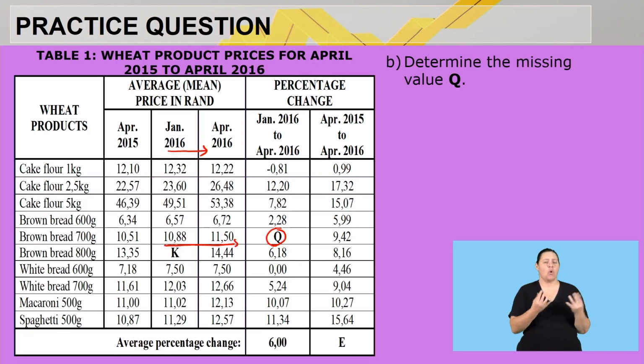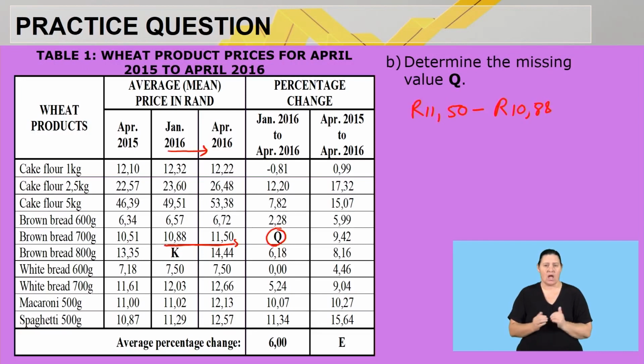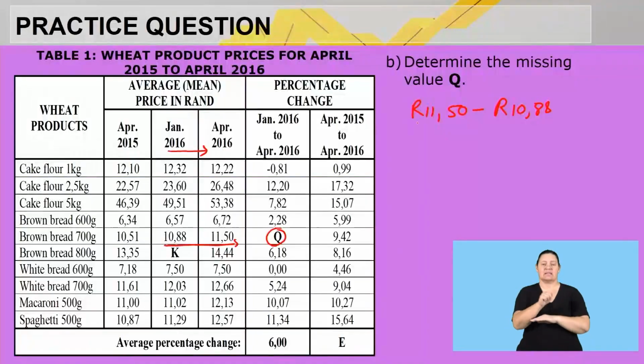So how do I calculate percentage change? Basically I take my 11 rand 50, the new price, minus my 10 rand 88 cents, so new price minus old price. First of all, I establish the difference, and I'll divide that by the old price, what it used to be.